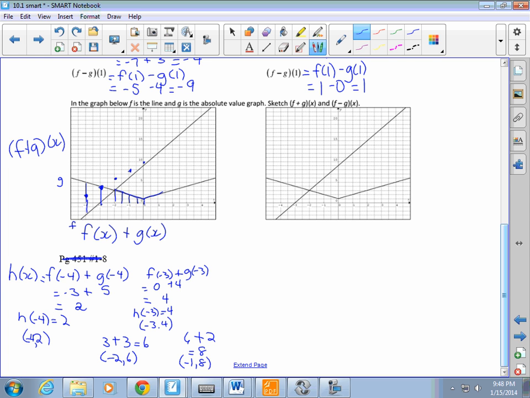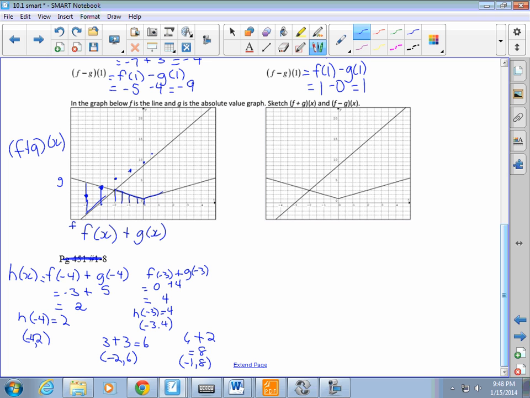So this one, from my f graph to my g graph, there's a difference of 4. Okay, so that means that from here, this point here is 2 above, then it's going to be 2 above from this point.